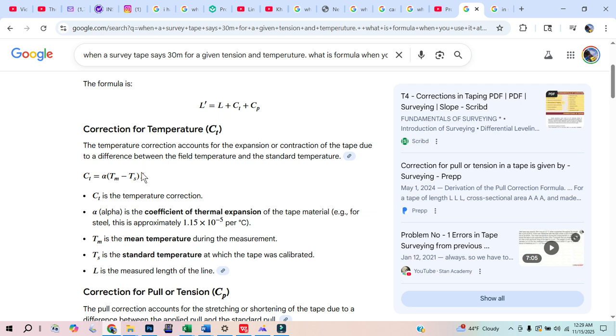To make this a true process, you would need the original length of the spring. You know what I mean? The original length of the steel survey tape with no tension and at a standard temperature. But none of these calculations take that into account, and it drives me crazy because therefore this is wrong.